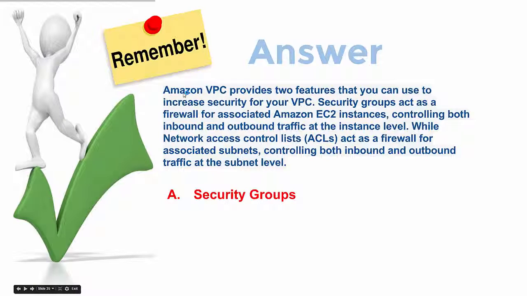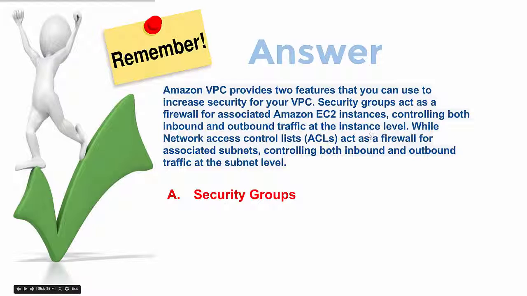Let's read this. It's what we've already been over, but very important. And I have a remember sticky note, meaning remember, because it's more than likely to be in the exam. So Amazon VPC provides two features that you can use to increase security for your VPC. We talked about both of these.